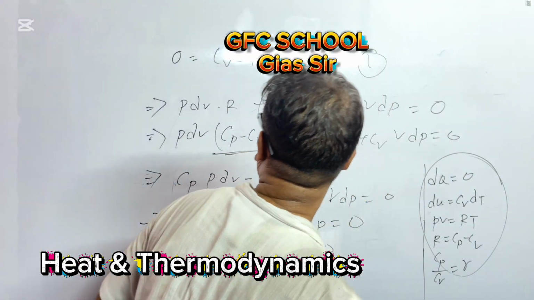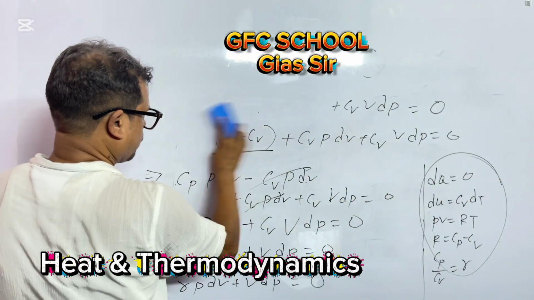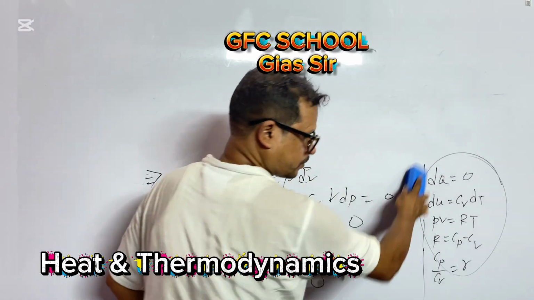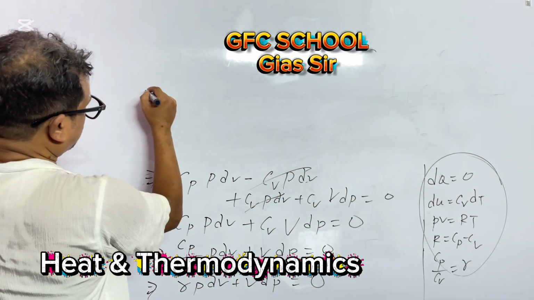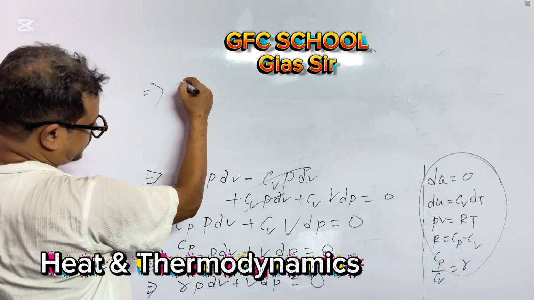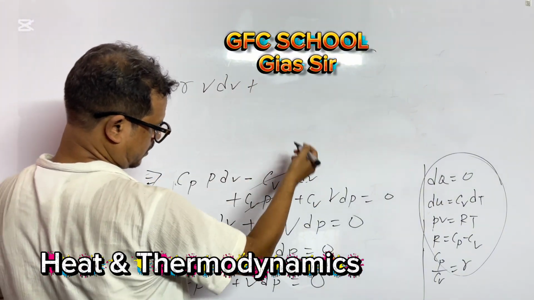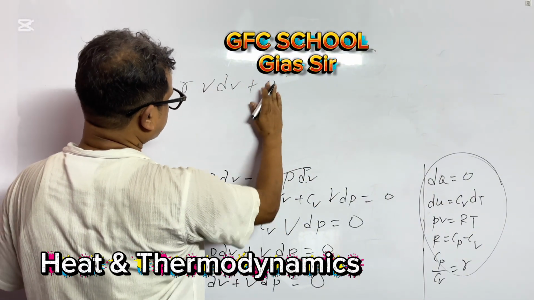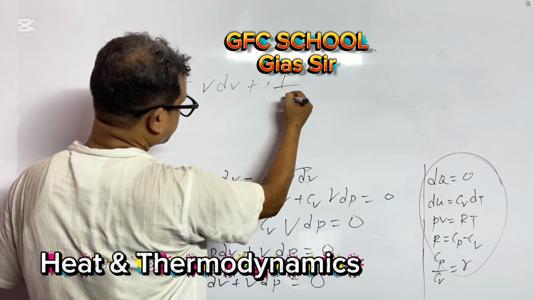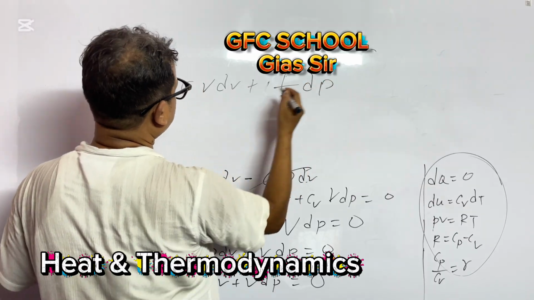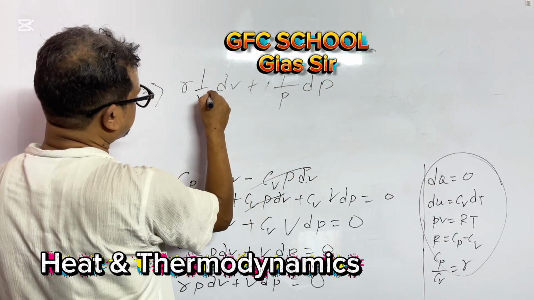Now we will divide both sides by PV, that means gamma dV upon V plus dP upon P equals 0.